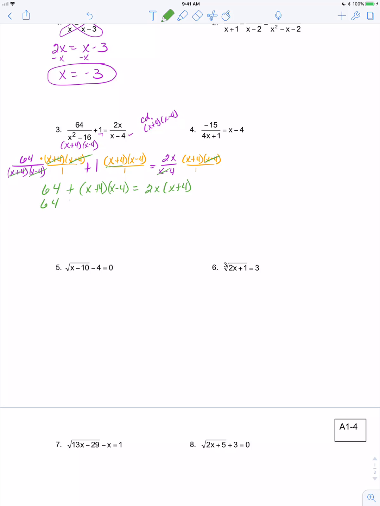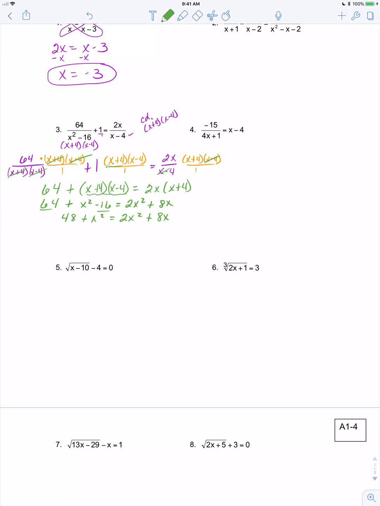So we have 64 plus, if we multiply all this out, we're going to get that x squared minus 16 is equal to 2x squared plus 8x. All right, so we can still combine terms here, and that gives us 48 plus x squared is equal to 2x squared plus 8x.